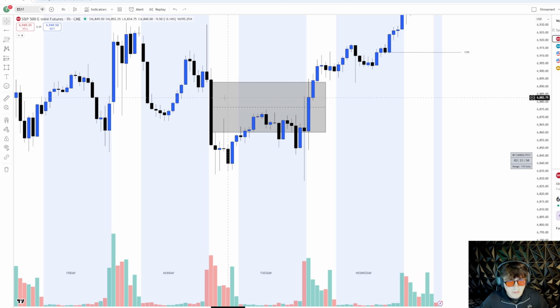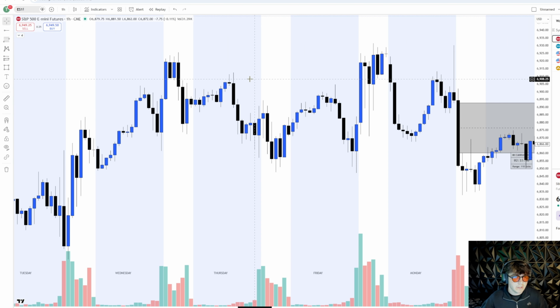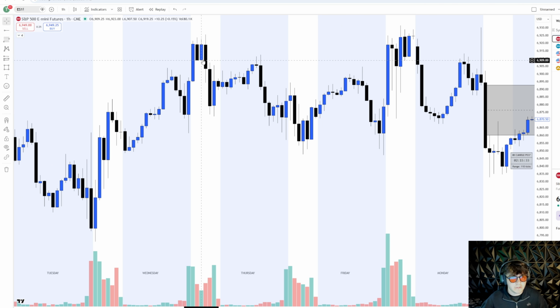So this is a bearish example of a fair value gap. The candlestick colors of the first and the third do not matter. It can be whatever. The middle one will be black for a bearish example, and it'll be blue for a bullish example. So let's find a bullish example for you guys right here. Perfect. This is actually a good one because this third candle's a down candle.